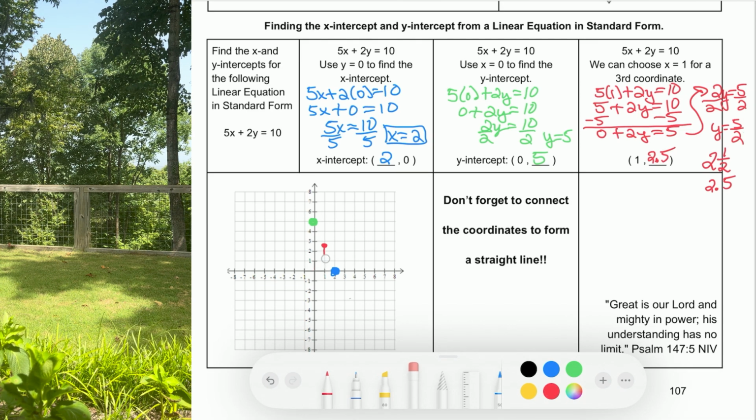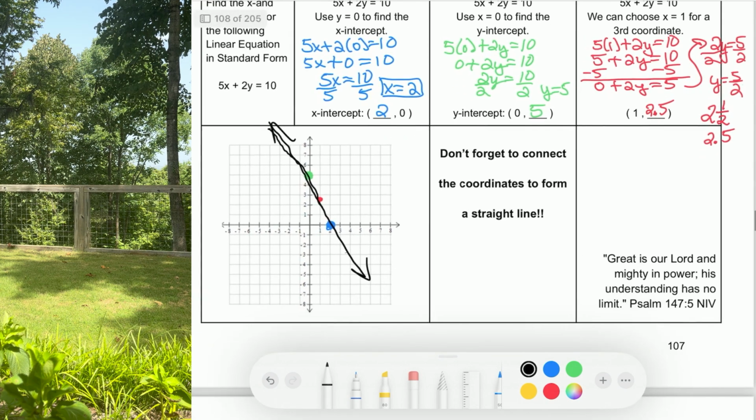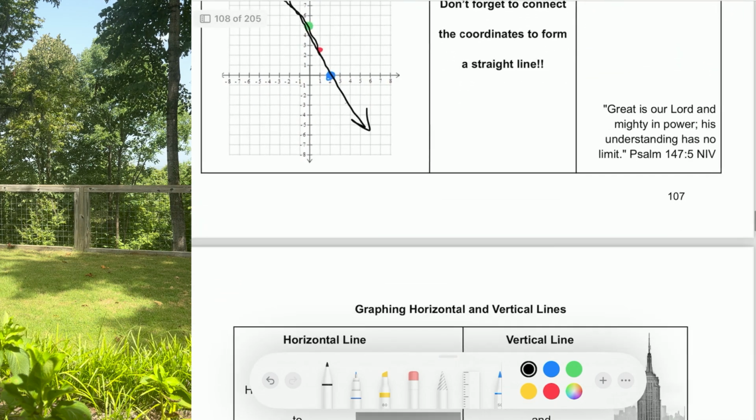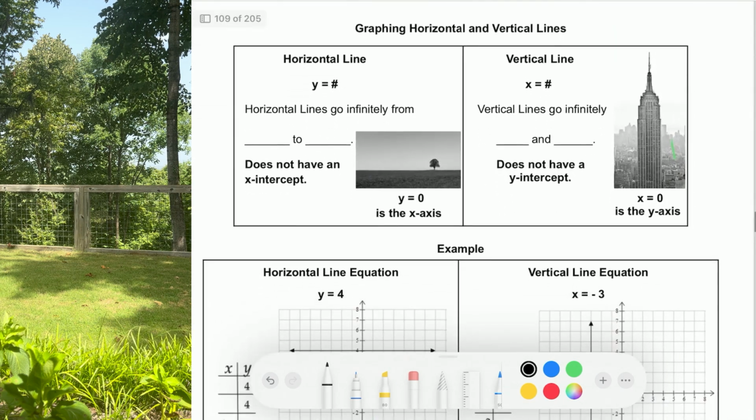So it's about right here, okay? Now I can draw my straight line. Not too bad. And we actually have our line graph just by finding our x and y intercepts and one extra coordinate. All right, so don't forget to connect the coordinates to form a straight line. Don't forget that part.